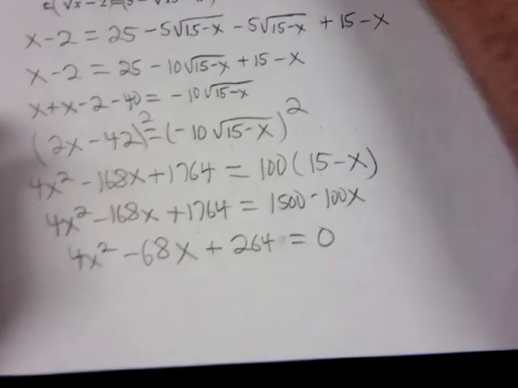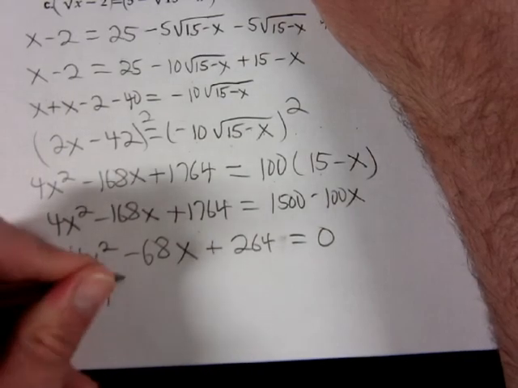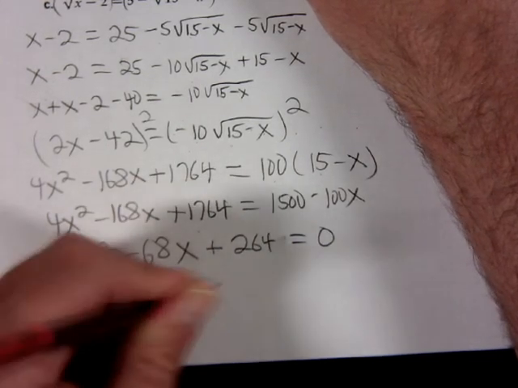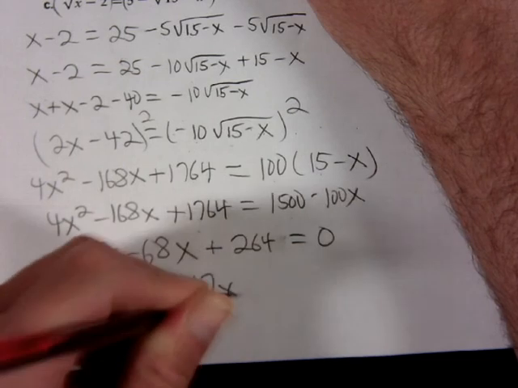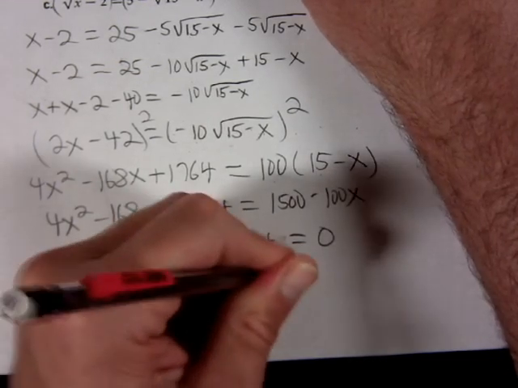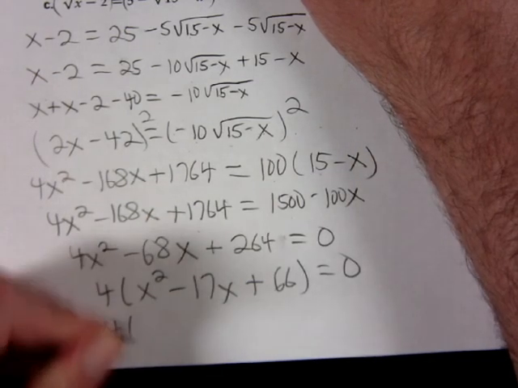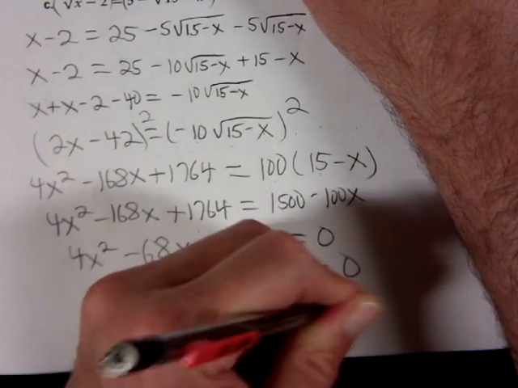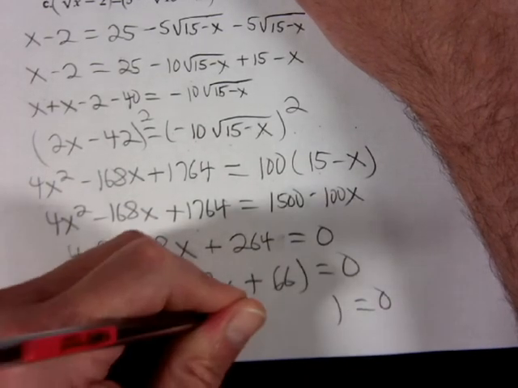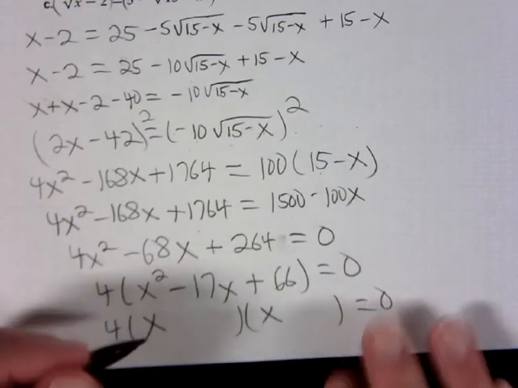Let's pull a 4 out. So that'll be 4, open a set, x squared minus, pull a 4 out of 68, 17, divide 264 by 4, 66, equals 0. Now I'm ready to factor into a product of two binomials here, and that's going to be x and x. And so my signs are going to be negative and negative.